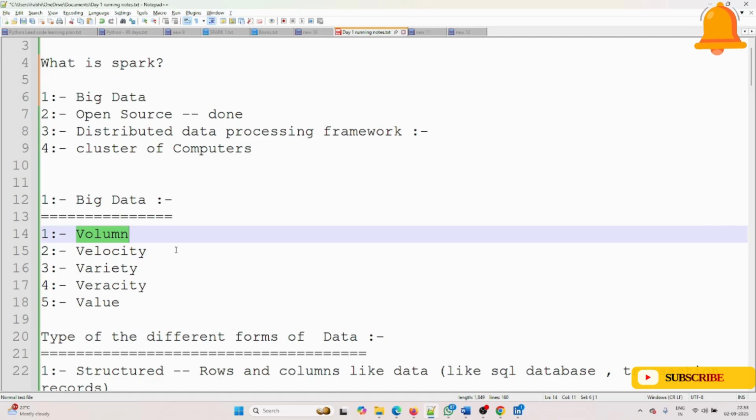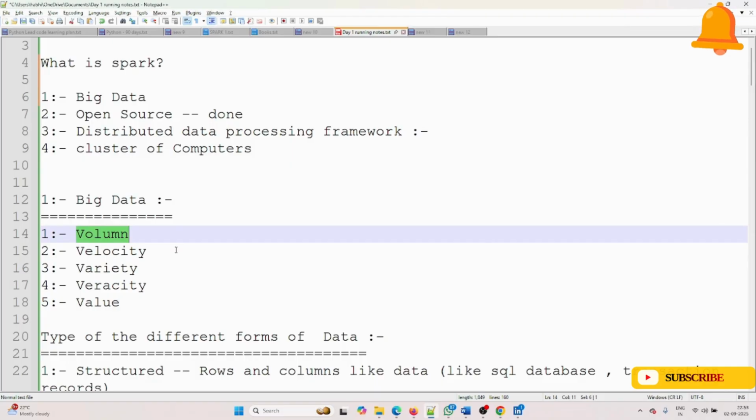Why does this matter? More data means more opportunity for insight, like pattern analysis, prediction analysis, and recommendation analysis. So this is volume.